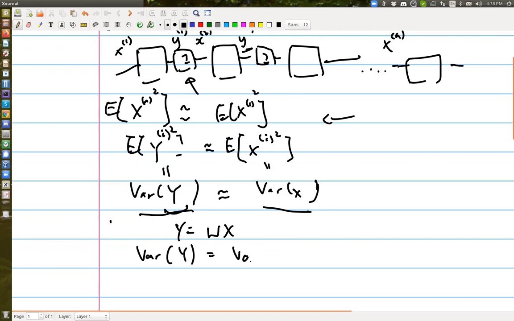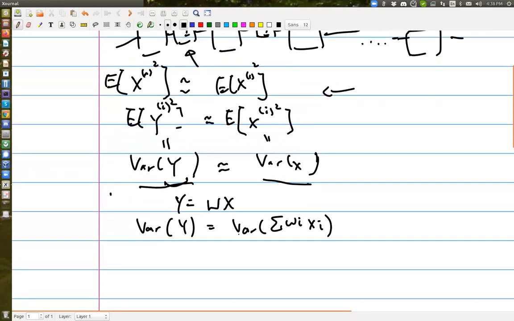Then therefore the variance of y is the variance of, I can write it as a summation. I guess, does it help or not? Okay, let me write it as a summation of wi xi, where the index i goes from 1 to n.